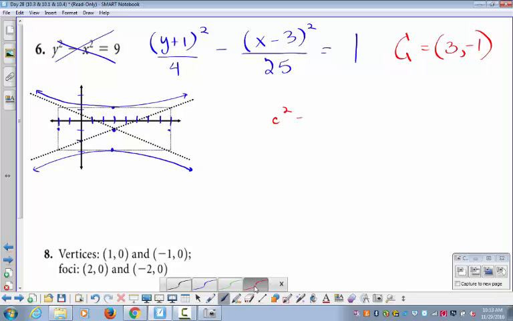Add. All right, so the foci are between 5 and 6 from the center, correct? They're pretty far down there. I'll just put them like this.